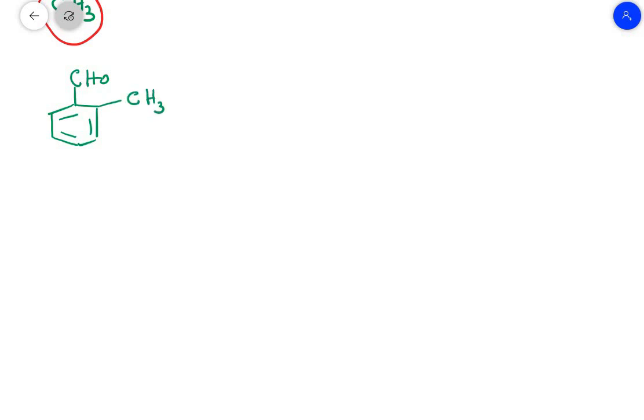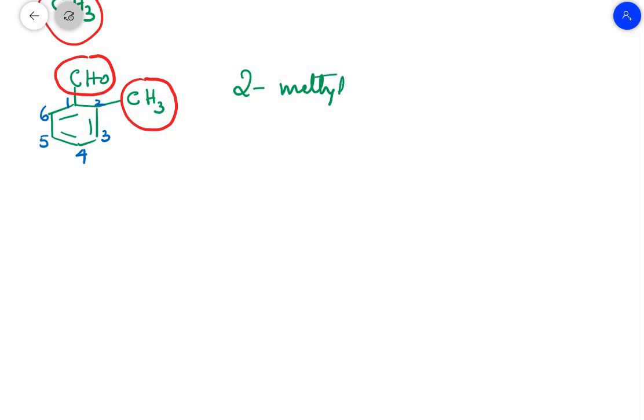And if you see this structure, here this is the functional group and this is acting as what? Substituent. And when we write the numbering on the benzene ring, this carbon will be first, second, third, fourth, fifth and sixth, and therefore at second position we have the methyl group, and hence the name of this compound is 2-methyl benzaldehyde.